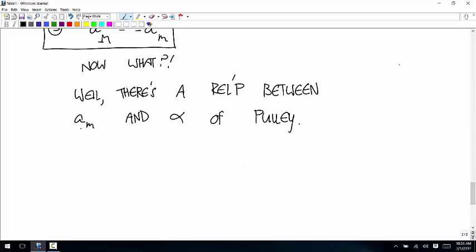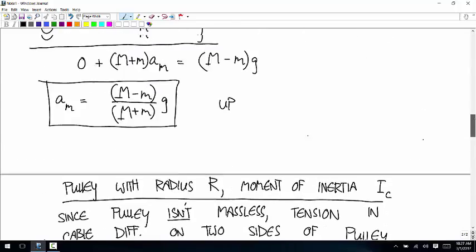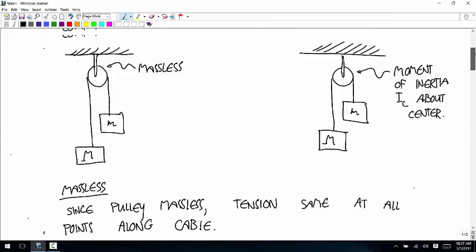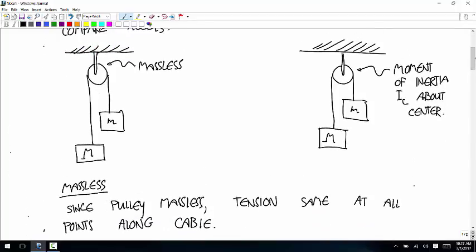So what's the relationship here? Well, we know that the tangential acceleration, okay, so look at the picture and imagine what's happening here. The acceleration of, say, this point is the tangential acceleration of that point on the pulley. Those two things have to match.